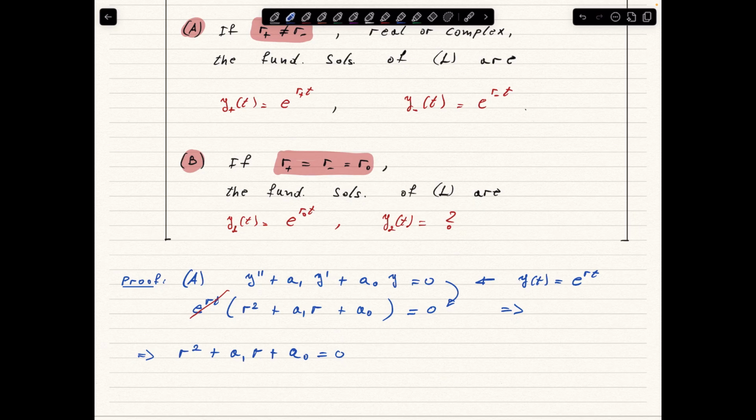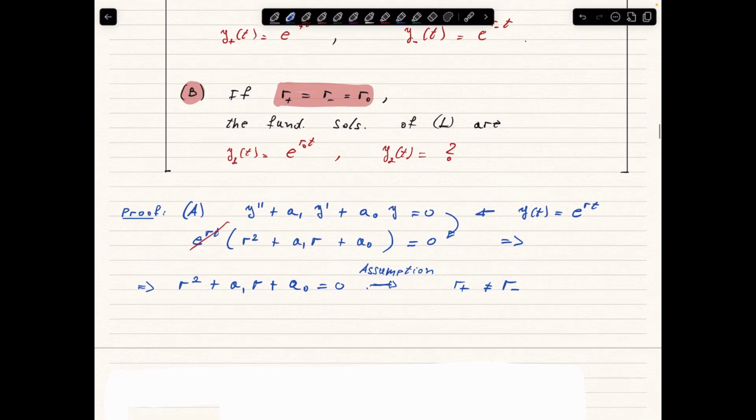And then we say that by assumption, this equation has two solutions, r plus and r minus. By assumption, these two solutions are actually different.